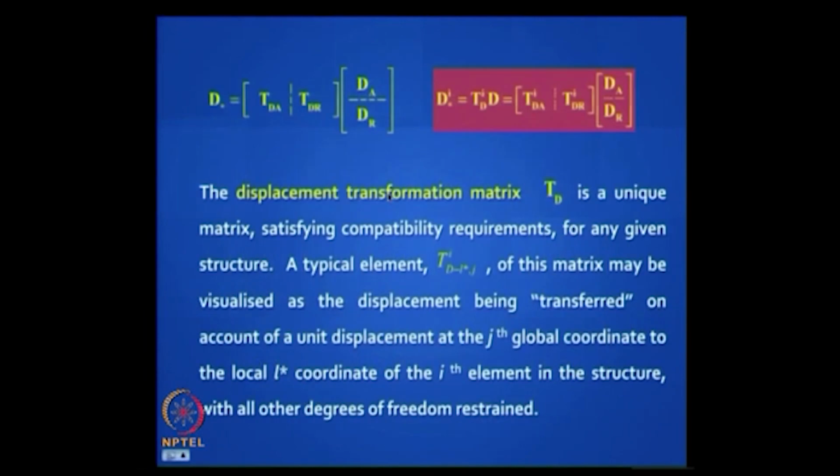Now let us take a look at an example, but before that a definition. The displacement transformation matrix TD is a unique matrix satisfying compatibility requirements for any given structure, and a typical element TiD at L star j of this matrix may be visualized as a displacement being transferred on account of a unit displacement at the jth coordinate to the local L star coordinate of the ith element in the structure with all other degrees of freedom restrained.